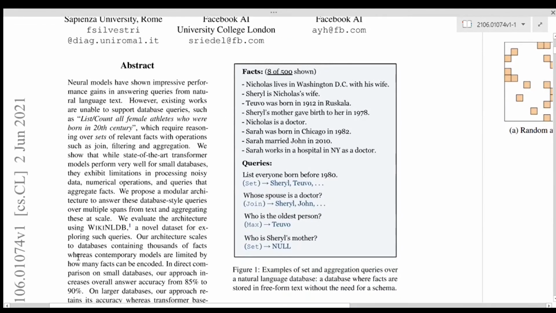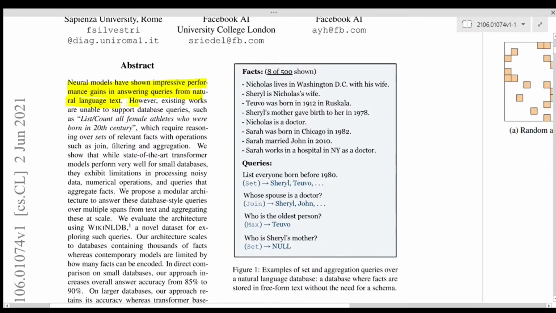So let's go over the abstract first. Let me take the highlighter. Okay. Neural models have shown impressive performance gains in answering queries from natural language text.